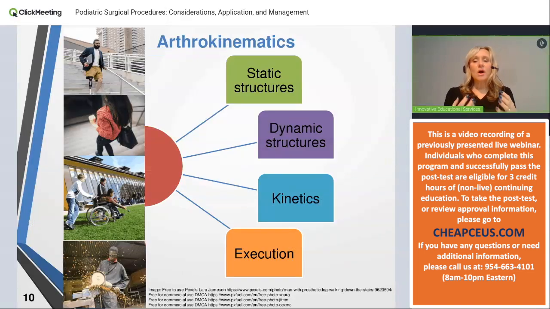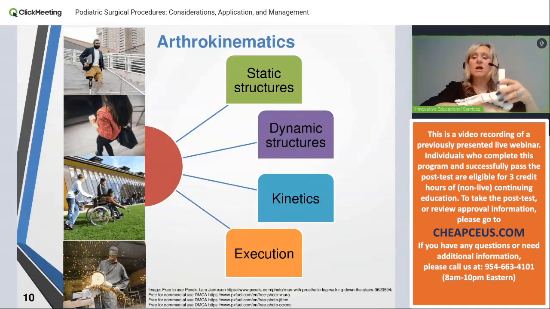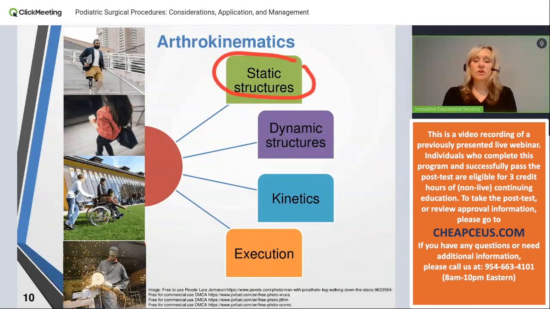When we look at the arthrokinematics, when we actually go to move and complete that progression through our gait cycle, we need to think about that in addition to all of these static structures that we just talked about, we do have a lot of dynamic structures. And those are what will control this bony architecture and allow the individual to progress through the gait cycle, to accept different forces during weight bearing, to perform different functional activities.